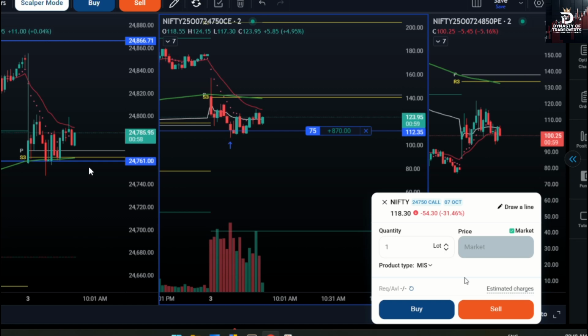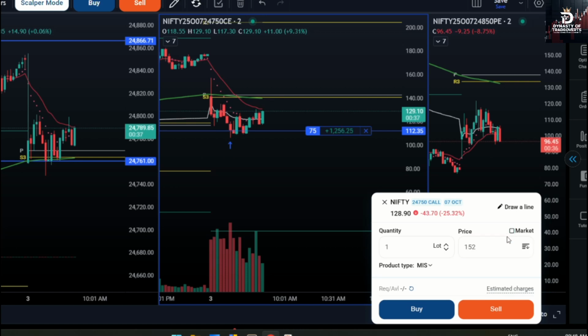So on days like this, if Nifty is taking support from the S3 level, it should go to R3. But since I'm not a trader who is comfortable holding my positions that low, my target will be, in the option chart, S3 or the 200 EMA here.